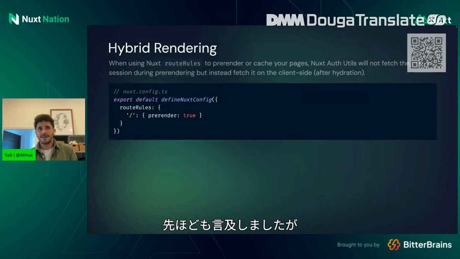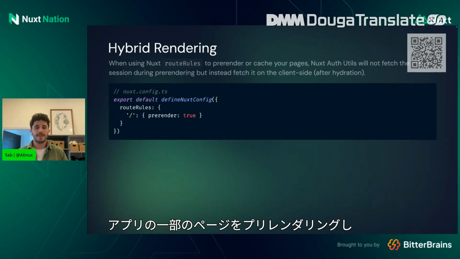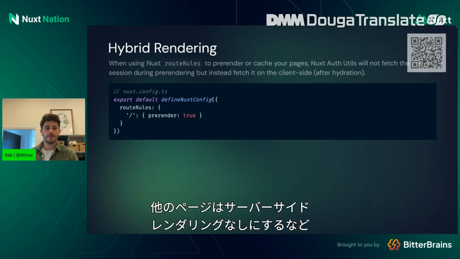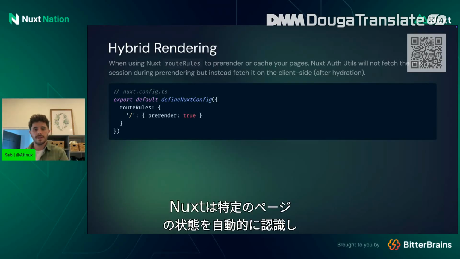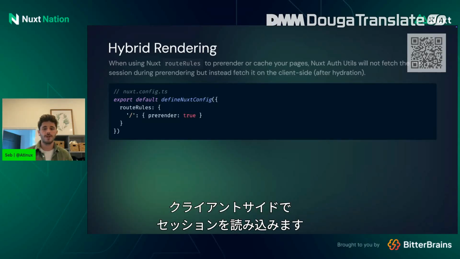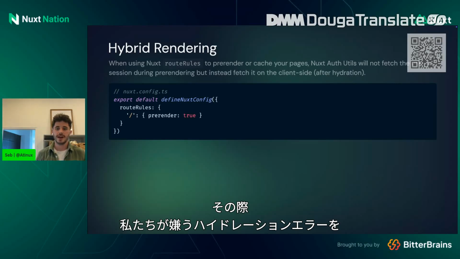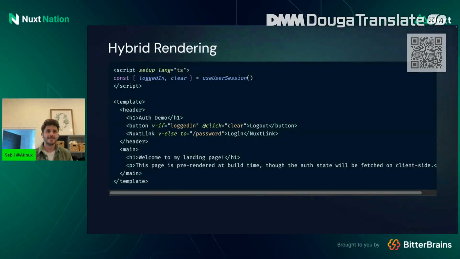As you may know, like I mentioned earlier, Nuxt 3 comes with the hybrid rendering, meaning that you can specify that some pages of your app are pre-rendered, some other are without server-side rendering, etc. Nuxt Auth Utils knows about the state of the specific page when it's loading, and will load the session on client side if it couldn't load it on server side, while avoiding hydration errors, as we all hate those.